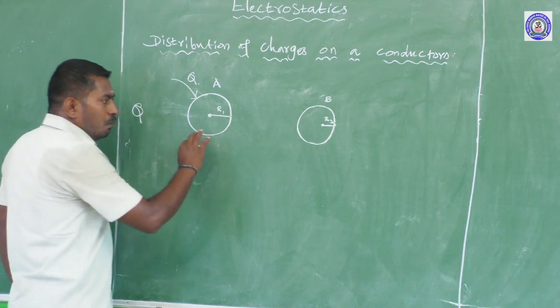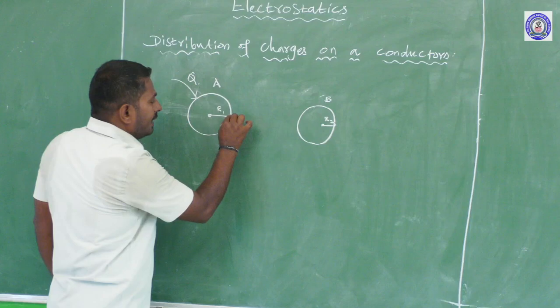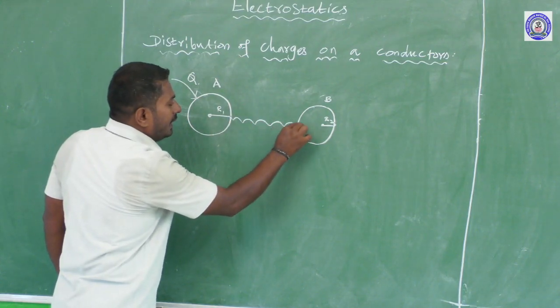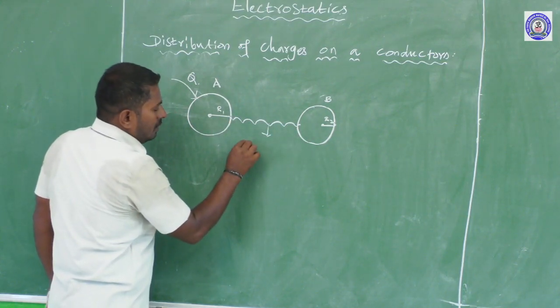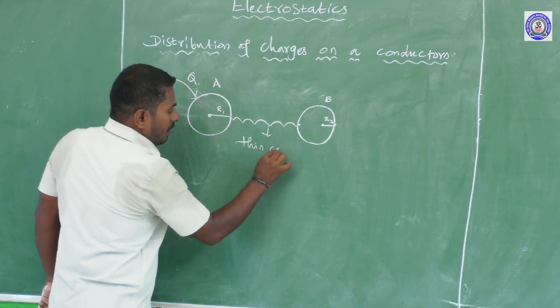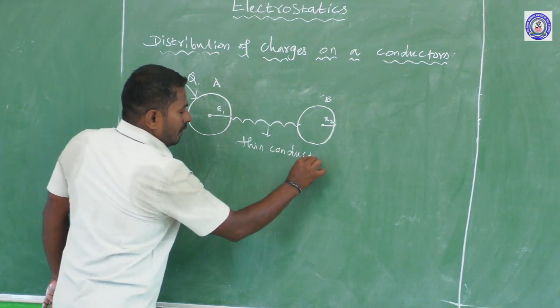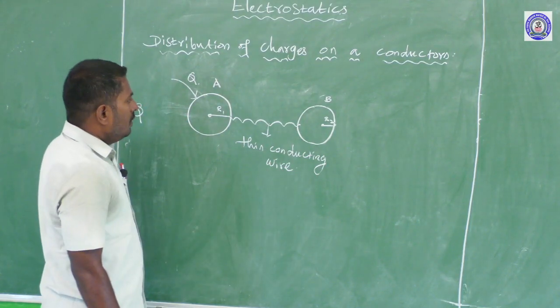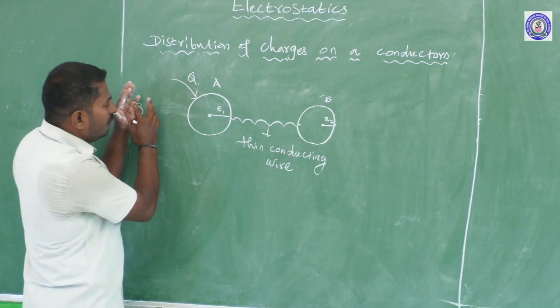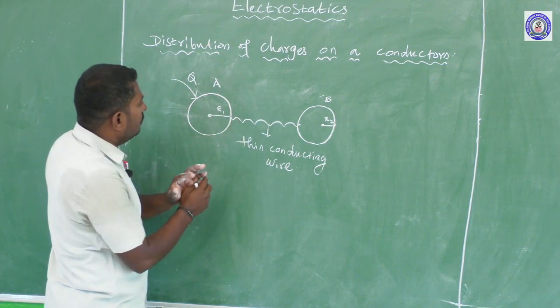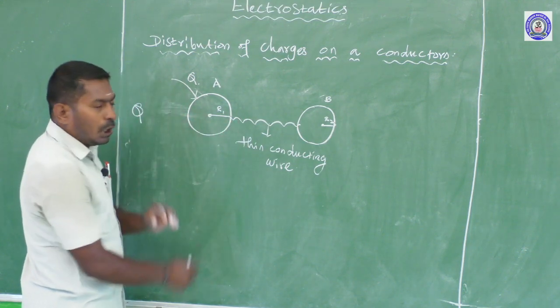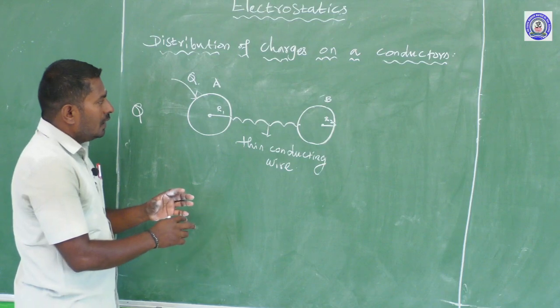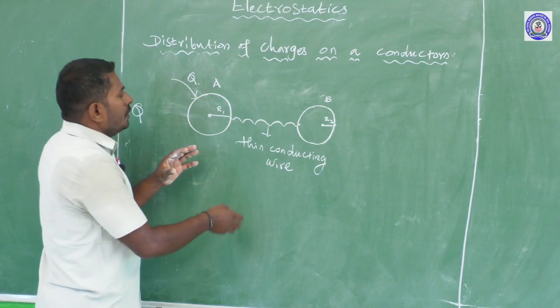After that, both the spheres are connected by a thin piece of conducting wire. So Q is the quantity of electric charge given to the system, and the entire Q quantity of electric charge is distributed.